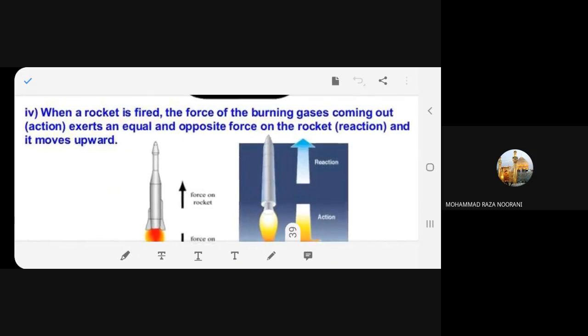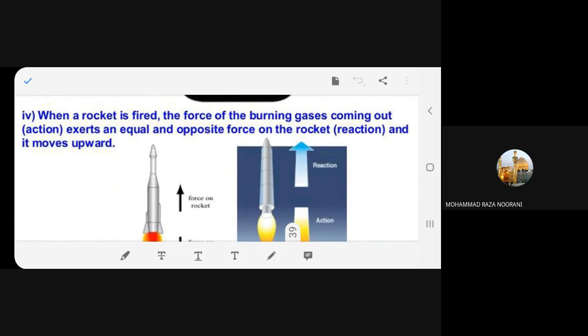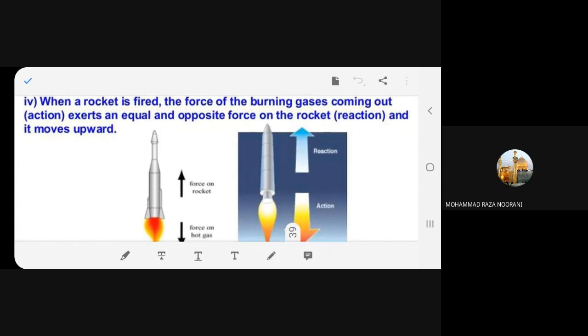The same thing applies for rocket launching. When a rocket is fired, the force of the burning gases exerts an equal and opposite force on the rocket, the reaction, and it moves upward.